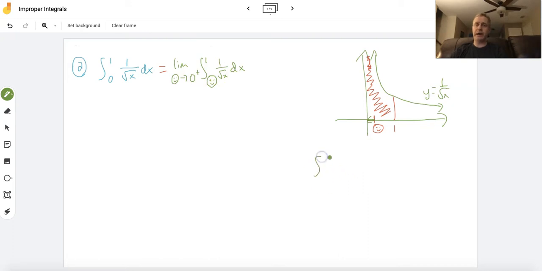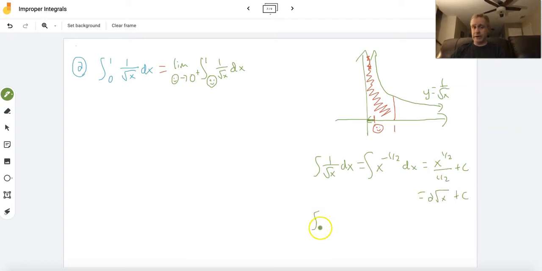And obviously to do that, I'm going to need to know the antiderivative of 1 over the square root of x, which can be rewritten as x to the negative 1/2 power. And the antiderivative of x to the negative 1/2 power is x to the 1/2 power divided by 1/2 plus some constant, which will simplify down to 2 times the square root of x plus some constant c.